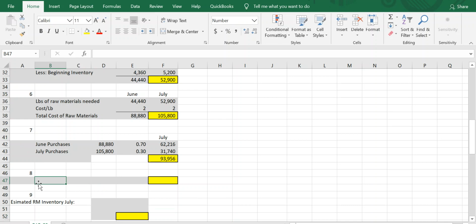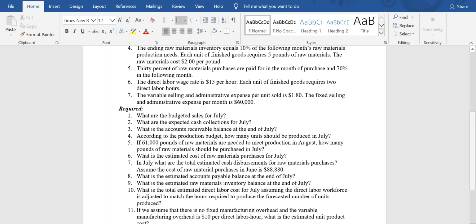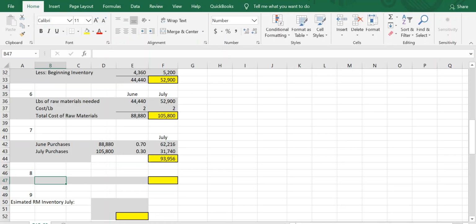With number 8, we are looking at what is the estimated accounts payable balance at the end of July. Well, it's just whatever we haven't paid yet from our purchases in July. So at the end of July, we have 70% as an accounts payable balance. The accounts payable balance is going to be 105,800 times 0.70.